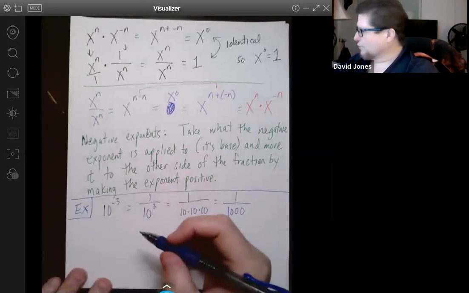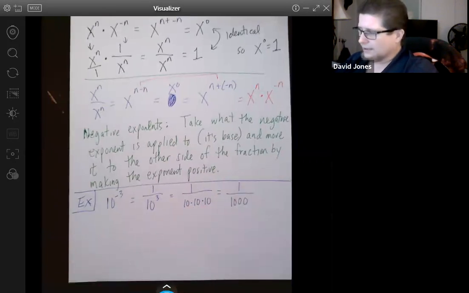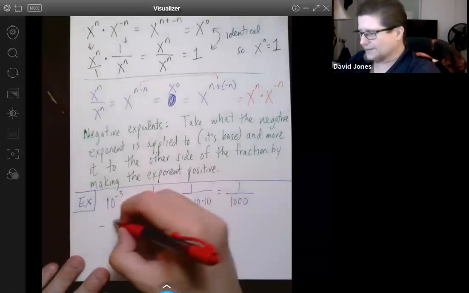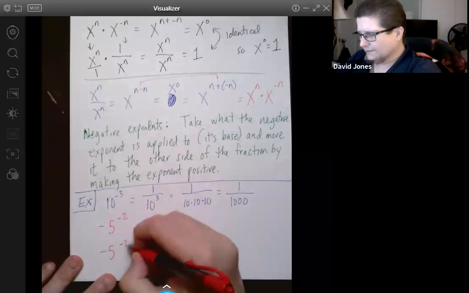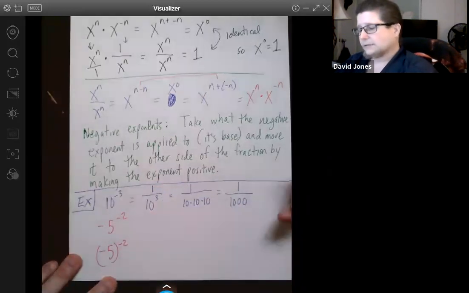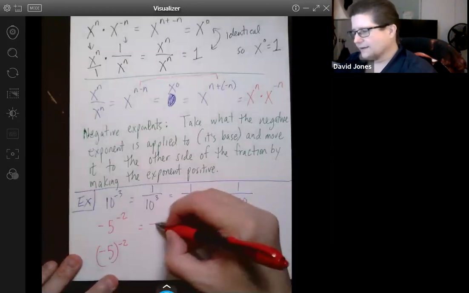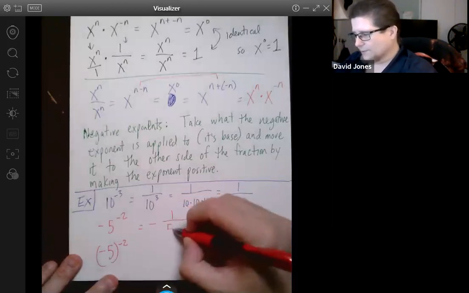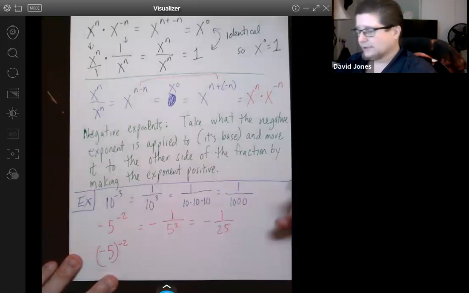I do want to make a note of something. Let's do -5 to the negative 2 power, and then (-5) to the negative 2 power like this. This one is saying -1 over 5 squared, which is -1 over 25.